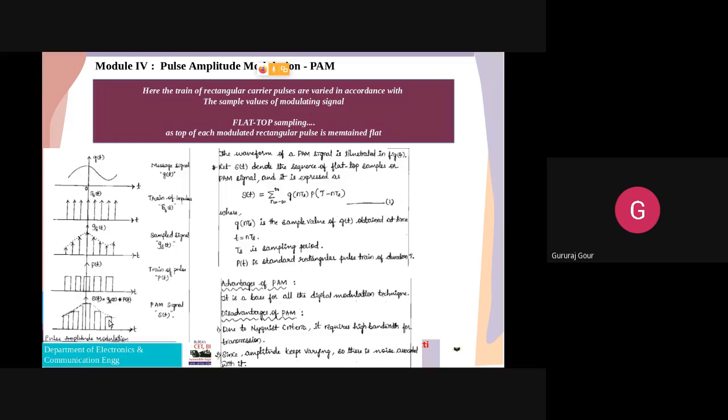That is responsible for the variation of the amplitudes of each of the pulses in p(t), the train of pulses.